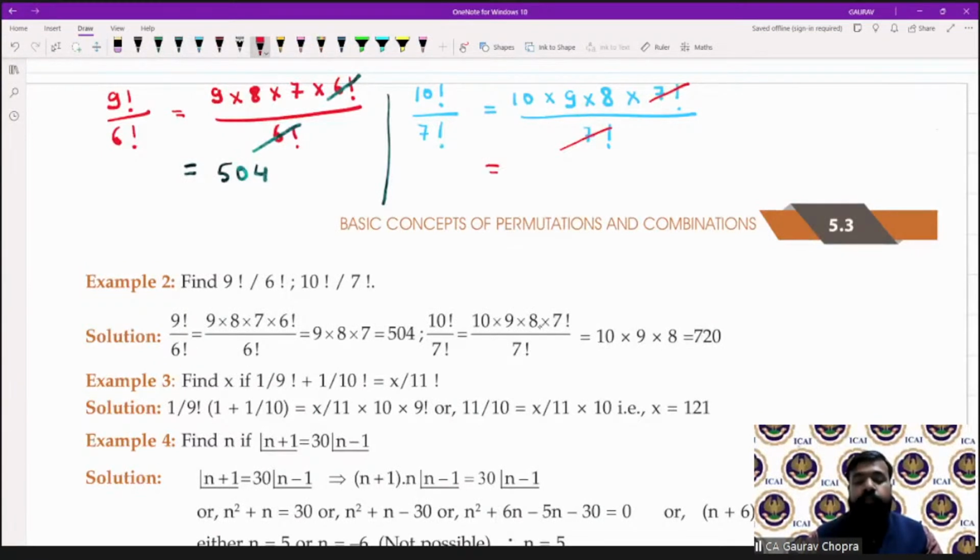What is left? 720. So this is example number 2. I think till here everything is clear.